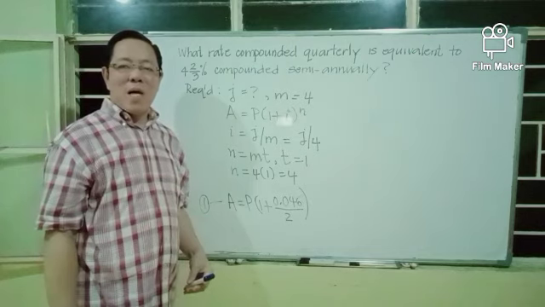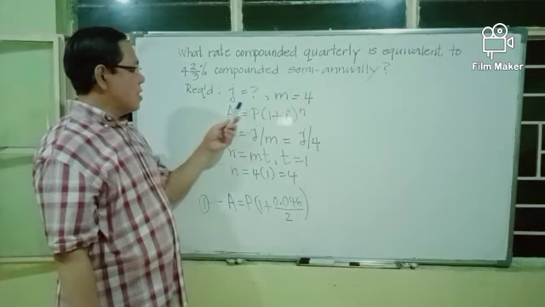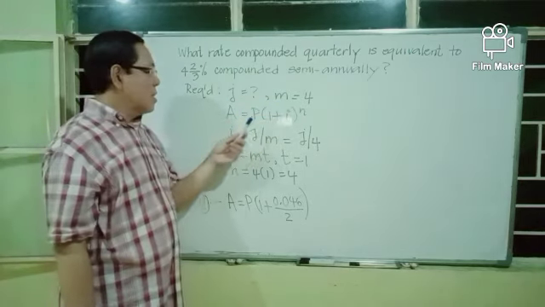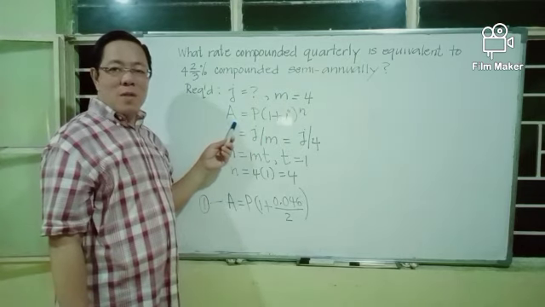The accumulated value at compound interest rate J, compounded quarterly, is computed by using this formula.